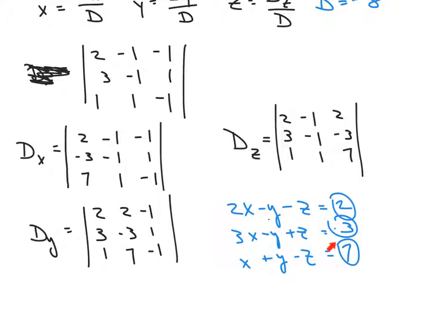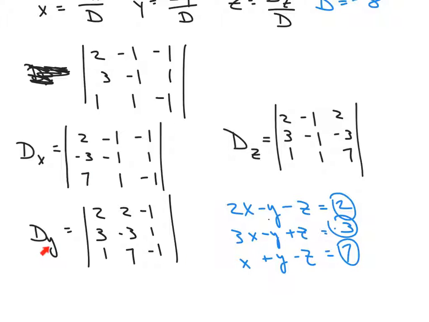Okay, so just kind of remind you of where this part goes, and it's replacing this 2, 3, and 1. Okay, so we're just writing the negative 1, negative 1, 1, negative 1, 1, negative 1. Okay, my y and z don't change. But since I'm looking for x here, I'm taking the answer and replacing it with this column x.